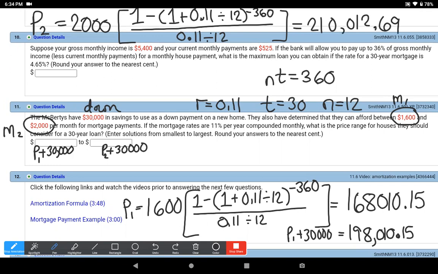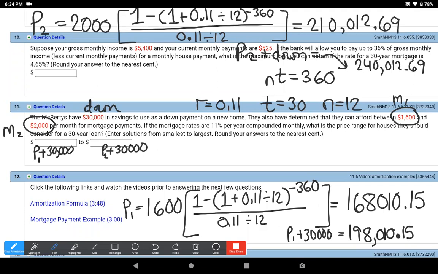210,012.69. But again, we want to add their down payment to this, right? So we have a P2 plus down, which would raise this to, I can't erase on this one, I'm sorry, but I'm going to write it here where I can see. This brings us to a 240,012.69.